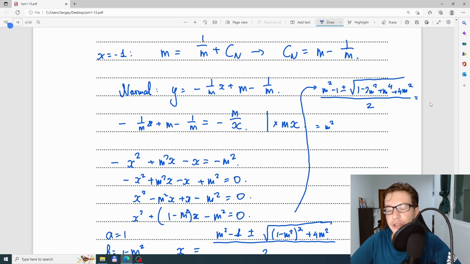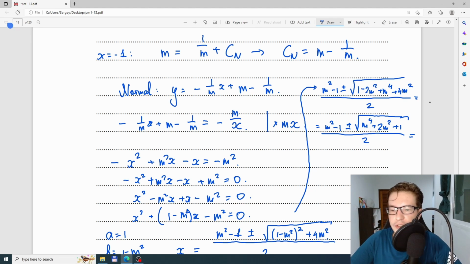That simplifies to m squared minus 1 plus or minus the square root of m to the power 4 plus 2m squared plus 1, over 2.